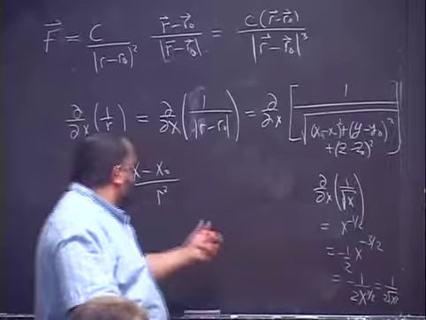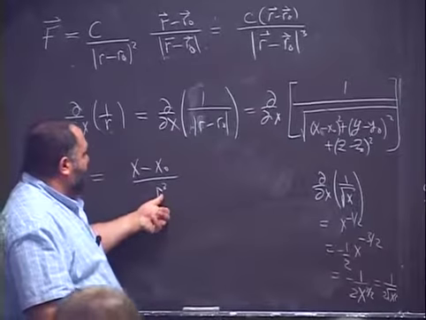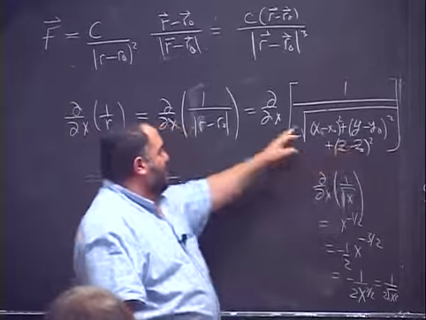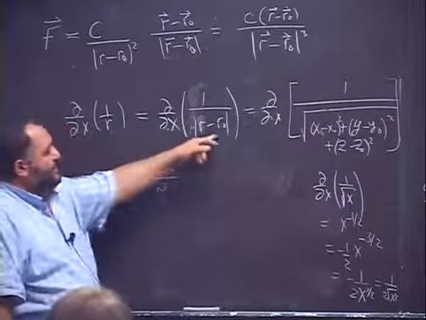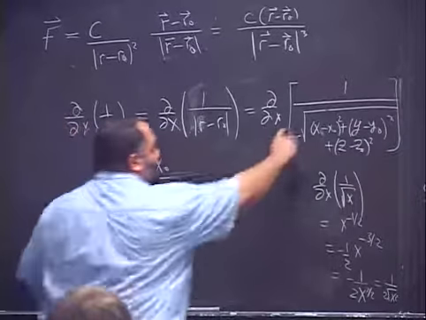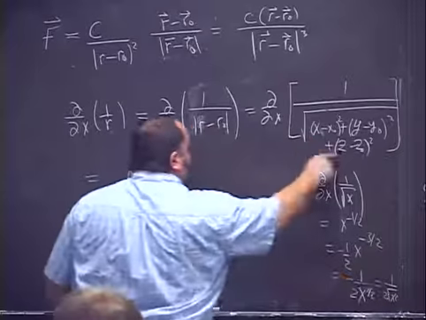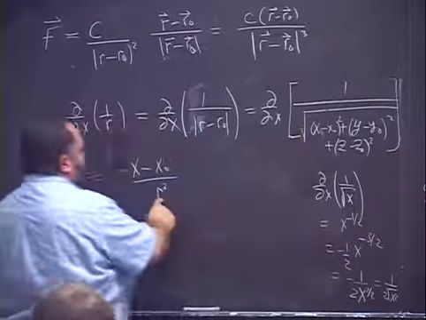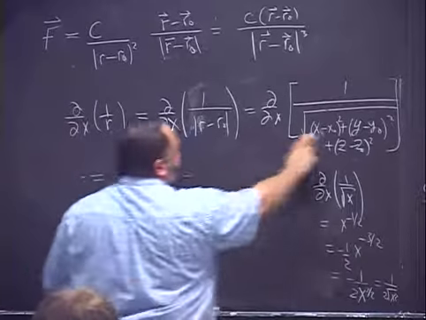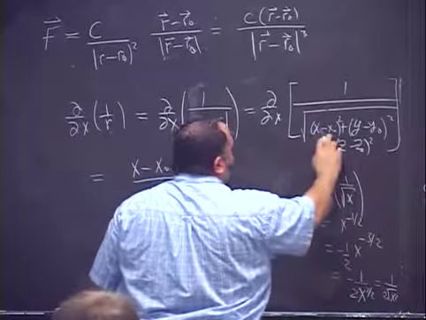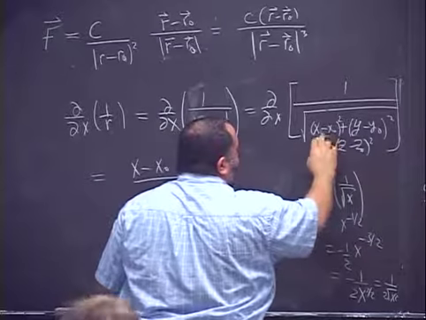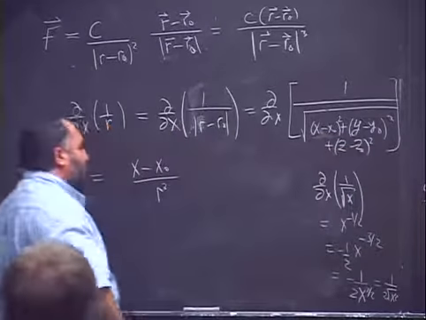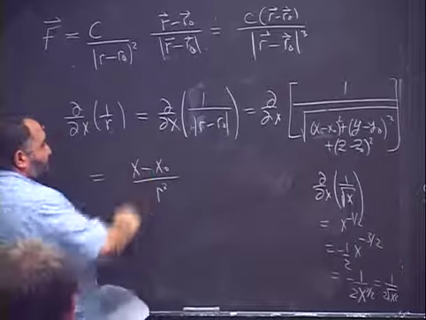So if you do this, you will notice that you will have this square plus this square plus this square, and it represents r cubed, because it will be to the power of 3 over 2. To the power of 3 over 2 means the square root of this, cubed. Because you differentiate with respect only to x, the differentiation of the other terms will be 0, and you will end up with x minus x naught here.